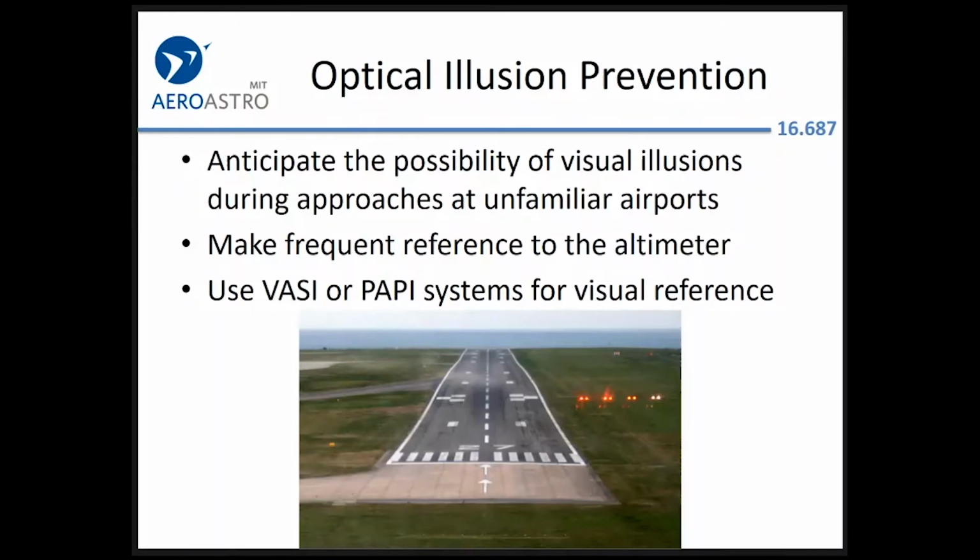It's not amber, right? I'm pretty confident that this is a normal PAPI where these two are red, these two are white, and this is in the transition stage between red and white, so maybe you're just below the glide slope. There are some systems that I talked about earlier that do have an amber light, but I don't think this is one of them.